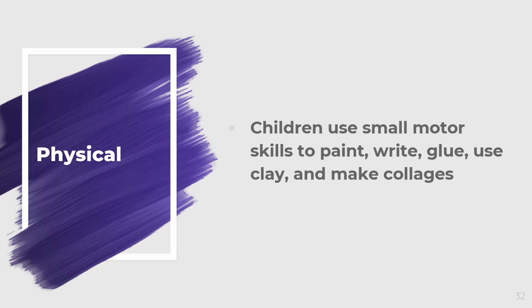Fine muscle skills are very important because we use them throughout our lives. We use them to zip our coat, to button our shirt, for typing if we're writing a paper or something like that, and for the all-important texting. So physical skills, especially fine motor skills in art, are a very important thing that we develop.